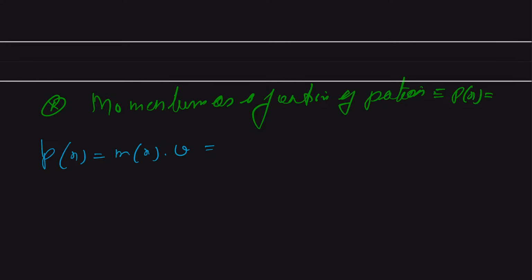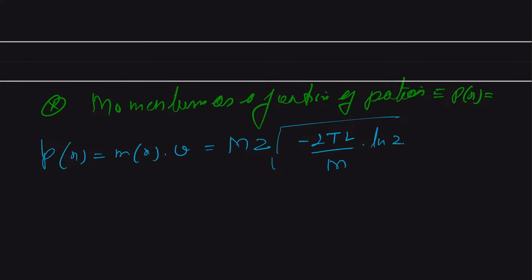We already know all these, so this comes as m times z, and this comes as minus 2TL upon m times natural log of z, all under a square root. So this is our value of the momentum.